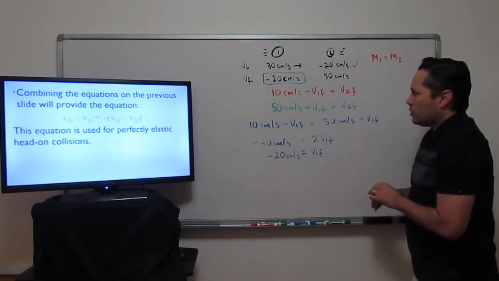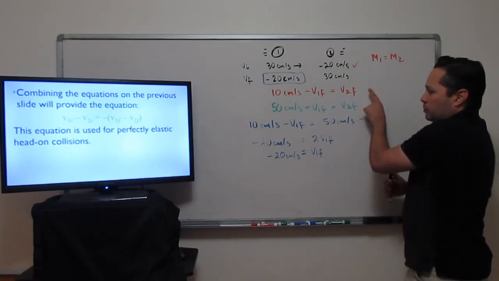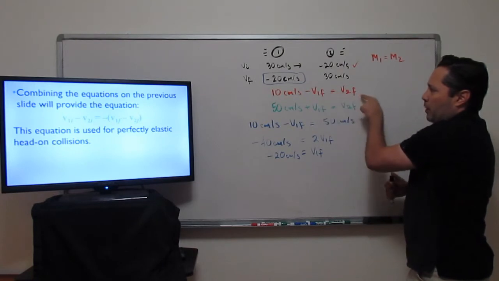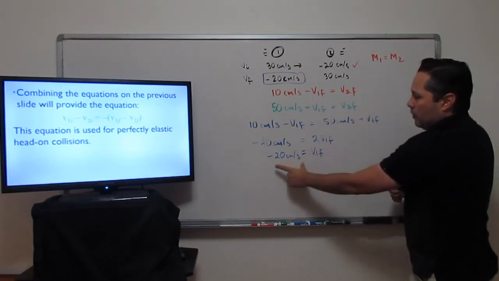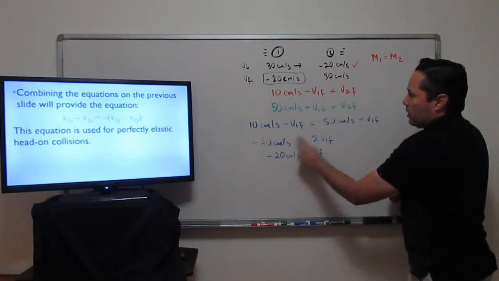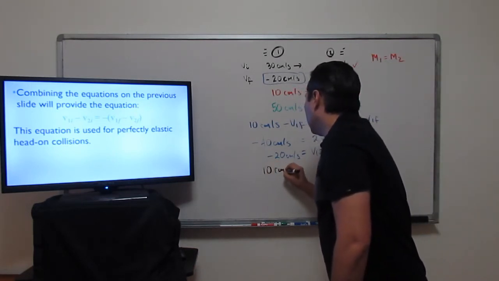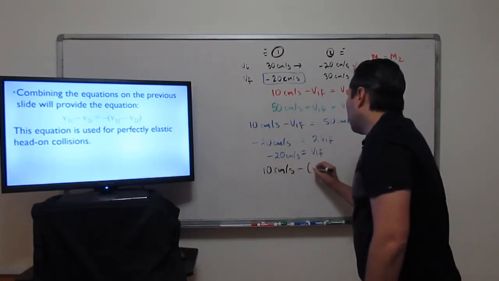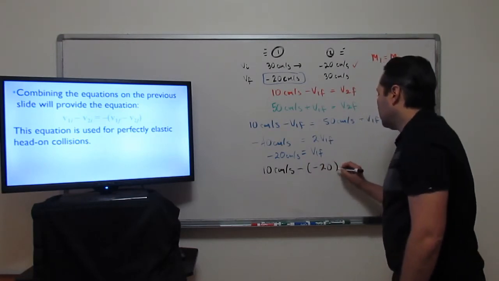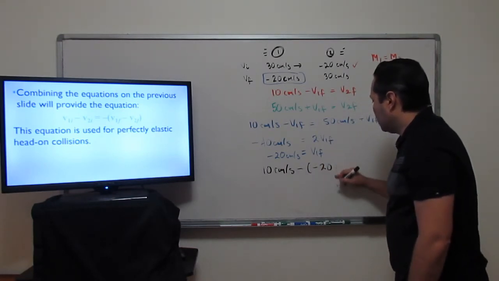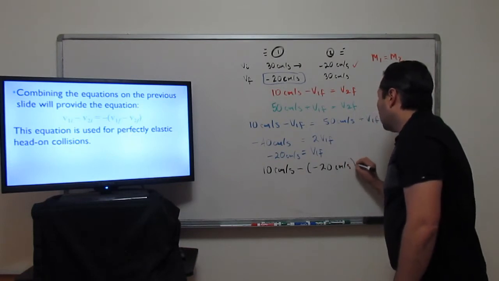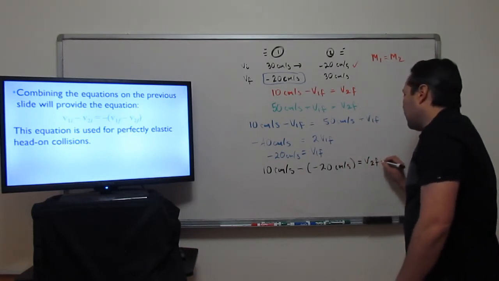So let's plug it into the top formula here in red. I'm going to substitute V1 final, which is negative 20 here. So it'll look like this: 10 centimeters per second minus negative 20 centimeters per second is equal to V2 final.